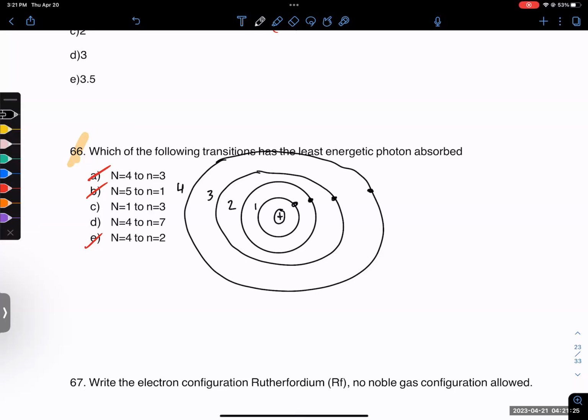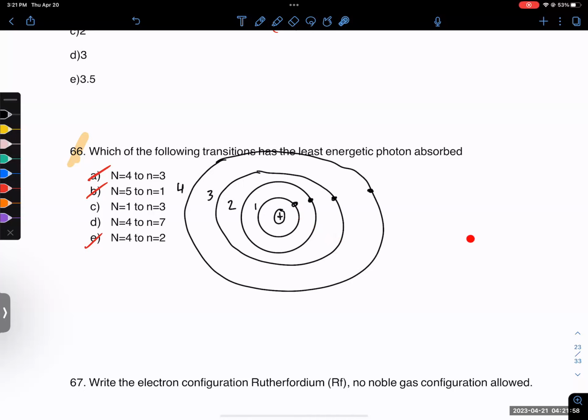To reach energy level 1, you have to have a pretty high energy photon to go through all these other energy levels and reach the electron down there, which are the most difficult electrons to reach.